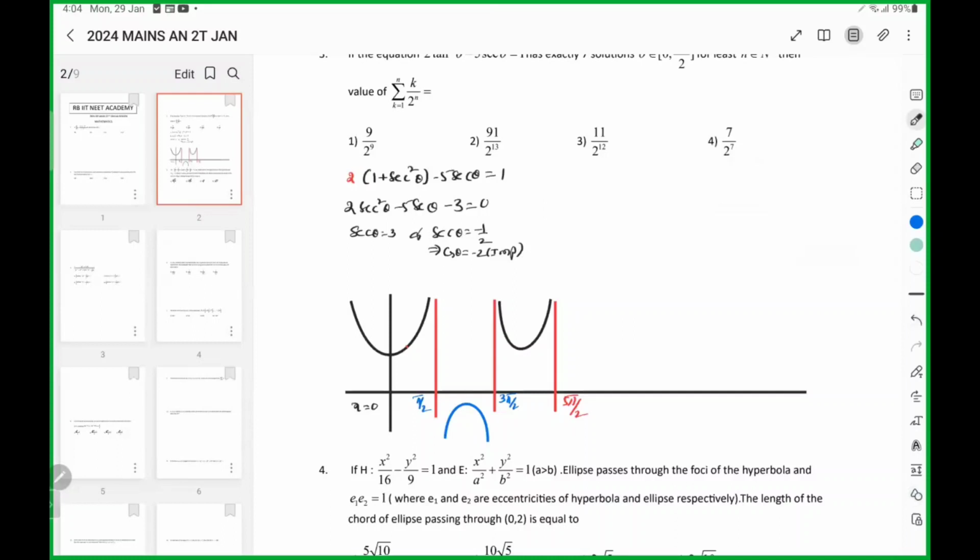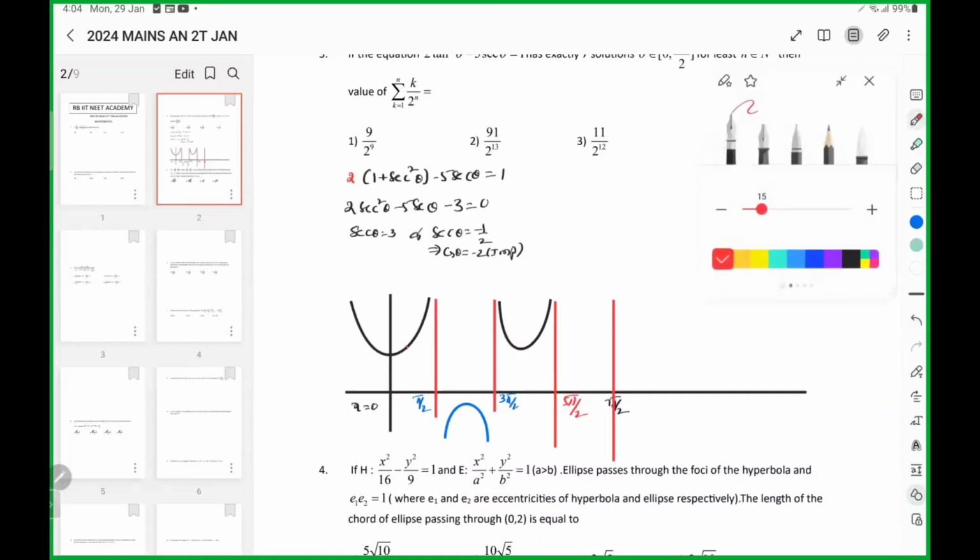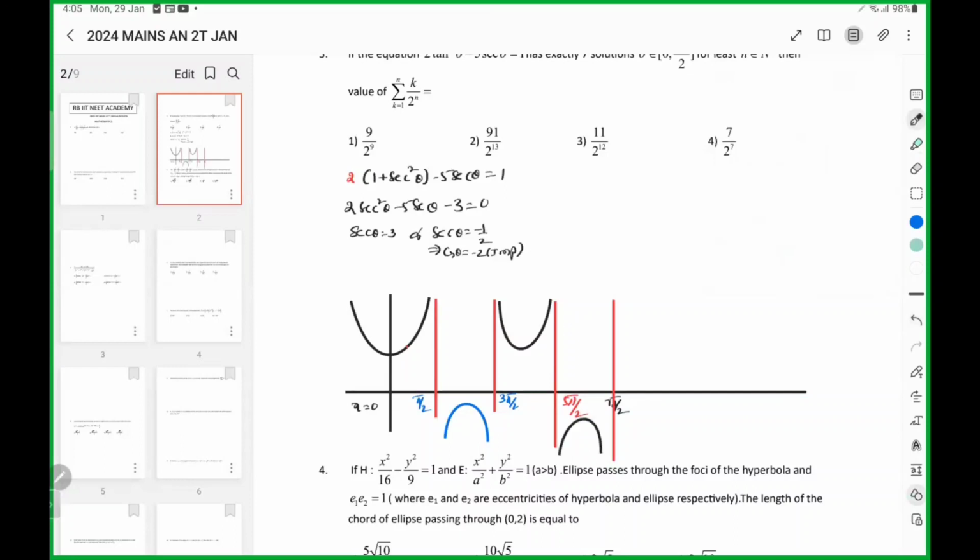So again 5 pi by 2 to 7 pi by 2, we will have again negative. This is useless for us.